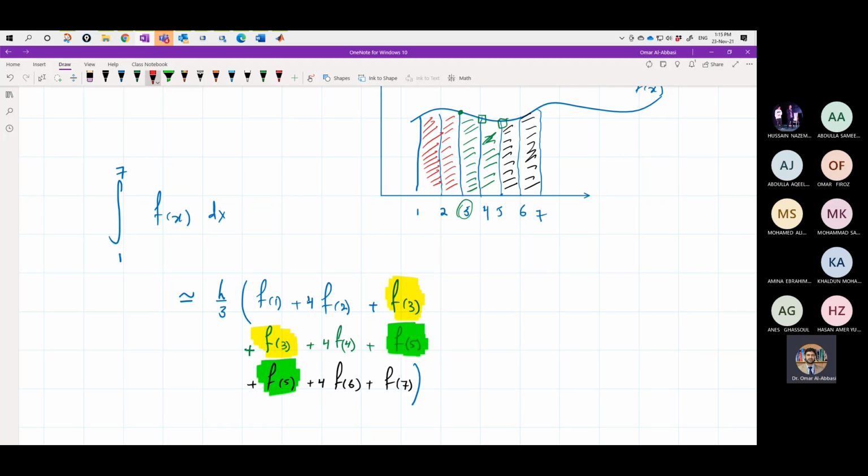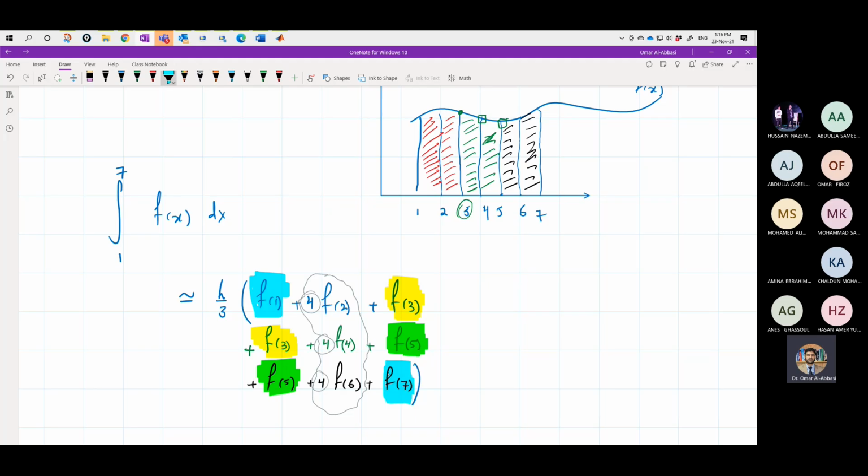Can you see that 2, 4, and 6 are summed 4 times? Are summed 4 times. Finally, can you notice that the edges, the limits of the integration, the start and end of the interval, are summed only 1 time?